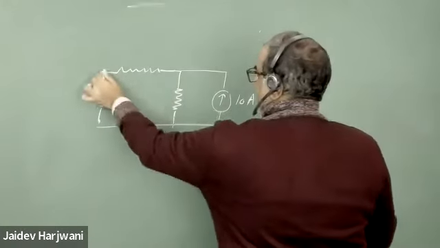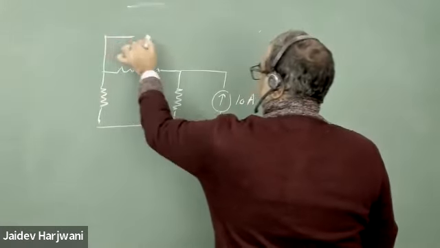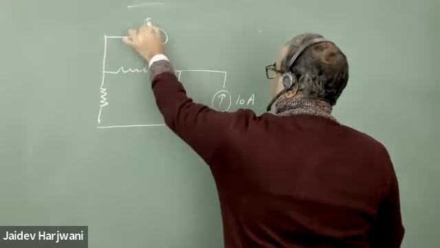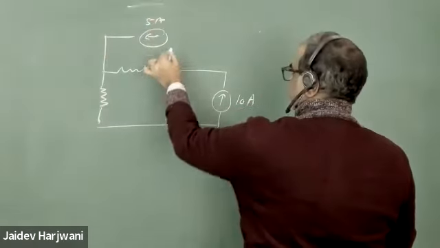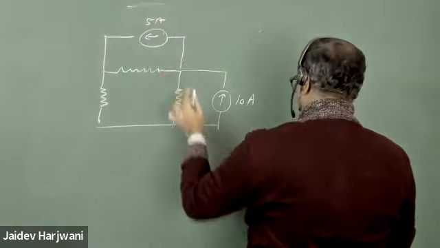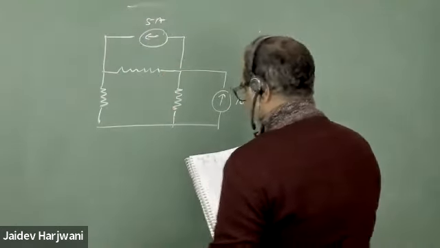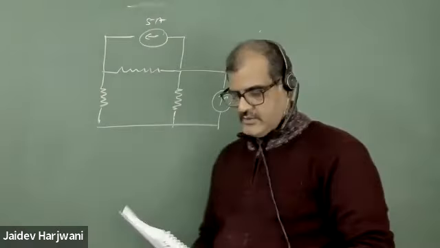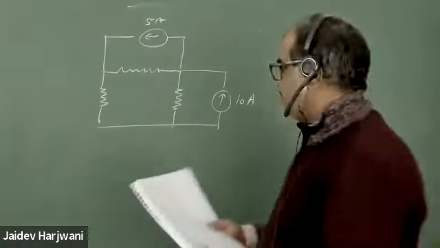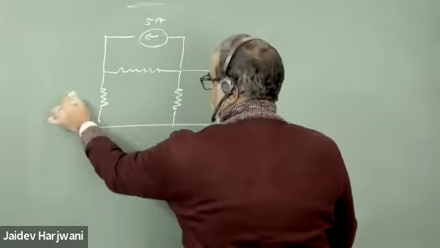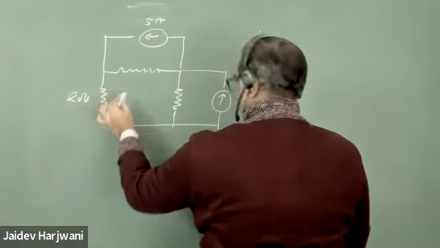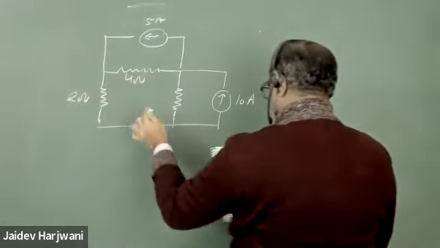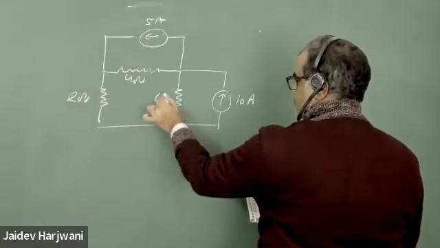Say here one more current source is there, 5 ampere. Okay. So let us solve node voltage with this circuit by node voltages. The resistance is 2 ohm, resistance is 4 ohm, and resistance is 6 ohm.